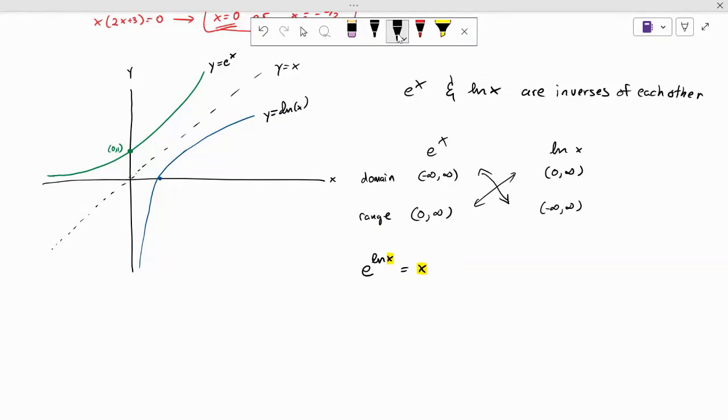And this will be true for x's which are positive, of course, because we have log of x, so x has to be positive. And likewise, if you compose the other way, log of e to the x is just x for all x's, regardless whether it's negative or positive.